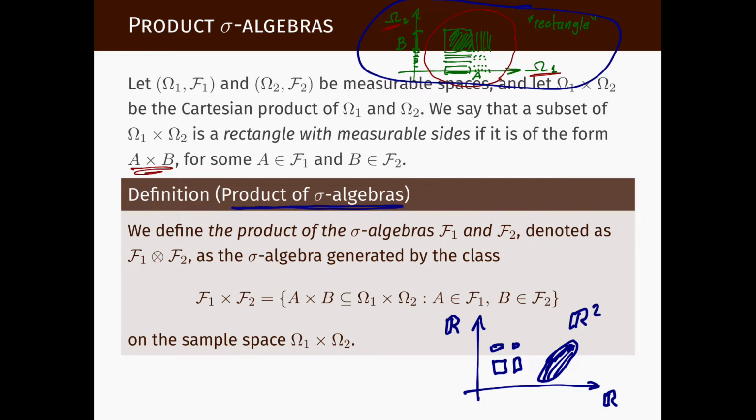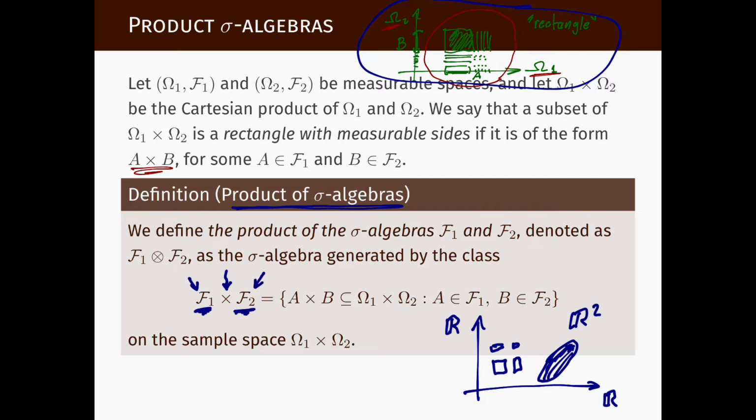Let's introduce here the notation. If we have a class of sets and another class of sets, of subsets of different or maybe equal sample spaces, by a small abuse of notation, we use this cross here. This cross is not the Cartesian product of this family and this family. It's the collection of sets that are the Cartesian product of a set in this family with a set in this family.